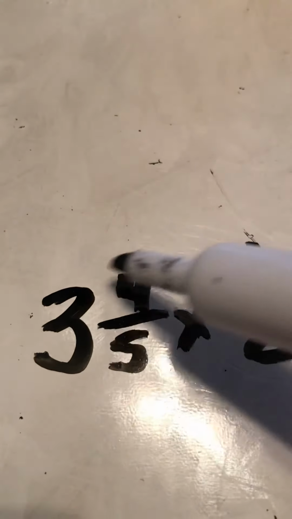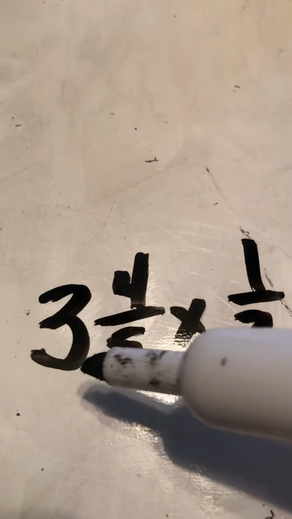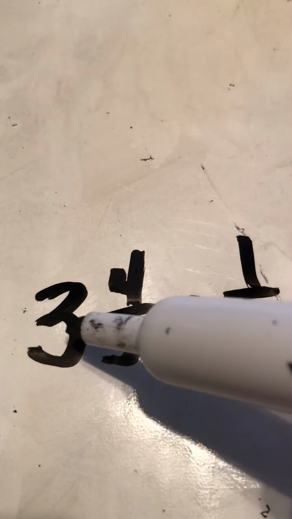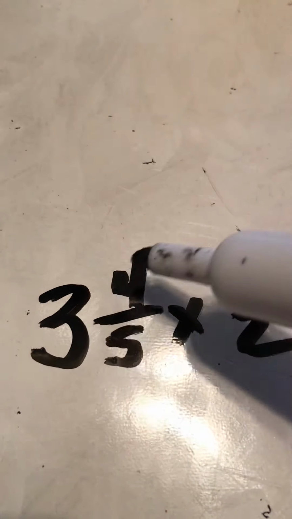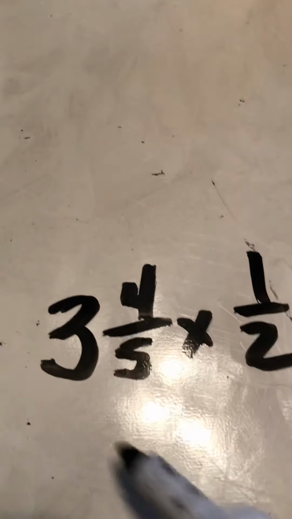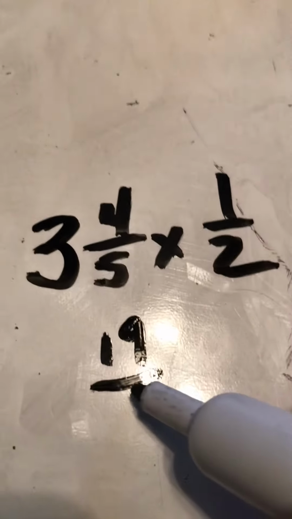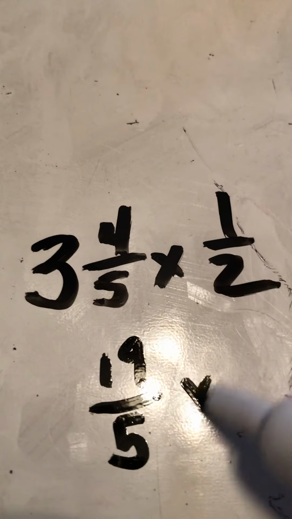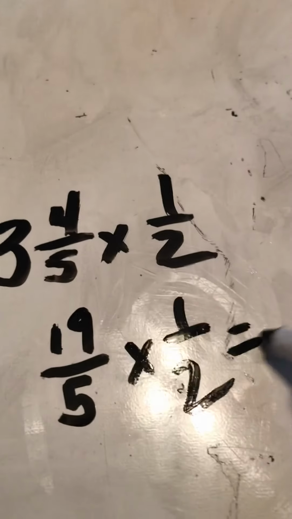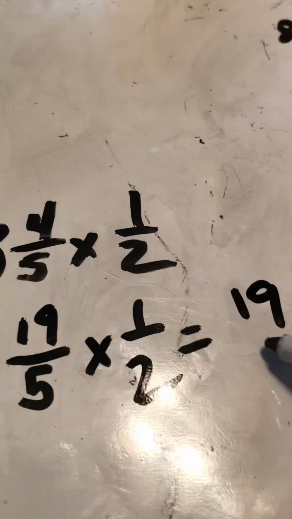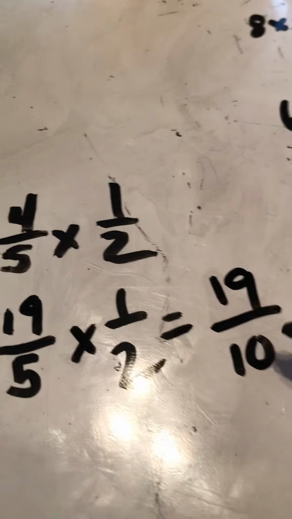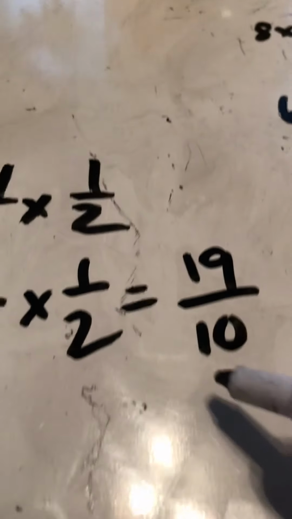So a student in my class said, well, let's take this problem here and turn it into an improper fraction. So let's do the 5 times 3 is 15 plus 4, which would be 19 over 5. Now we can multiply it. So we're going to end up with 19 over 10. Now, it's an improper fraction.